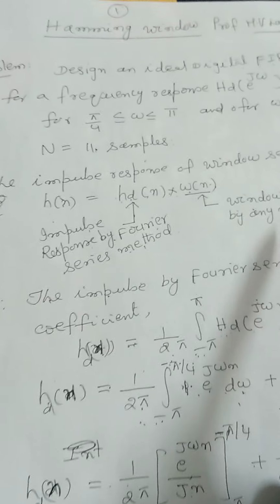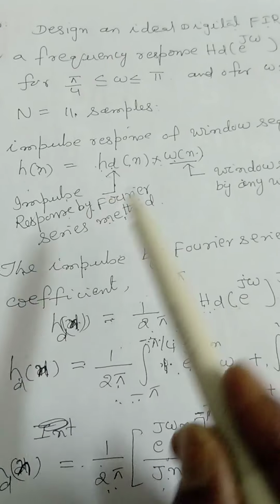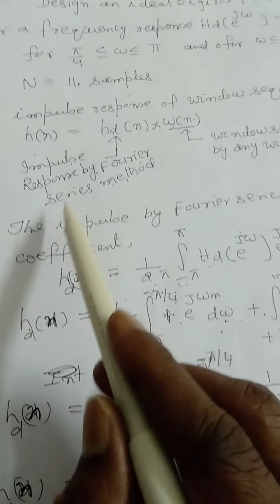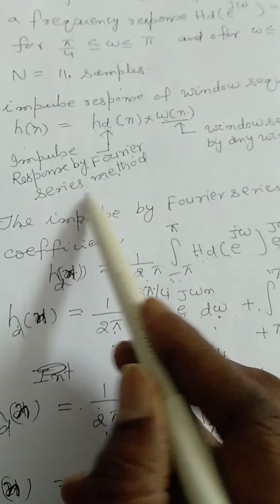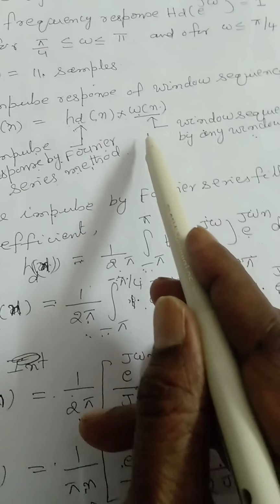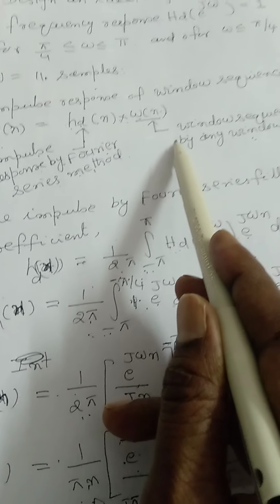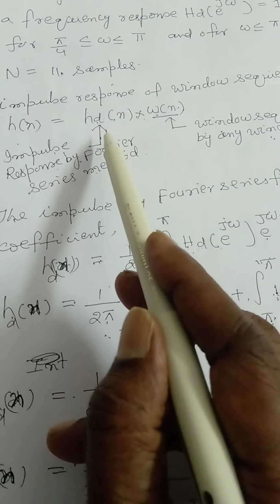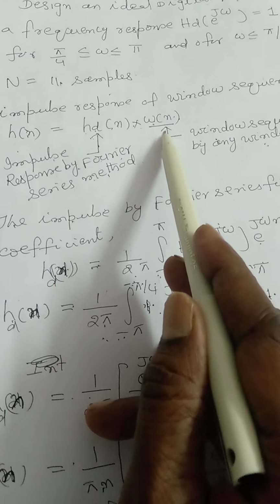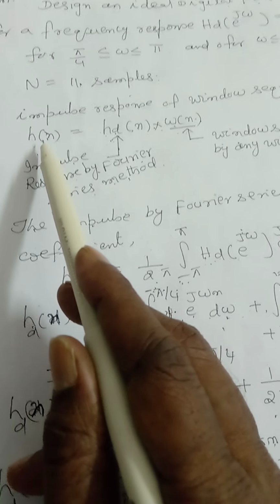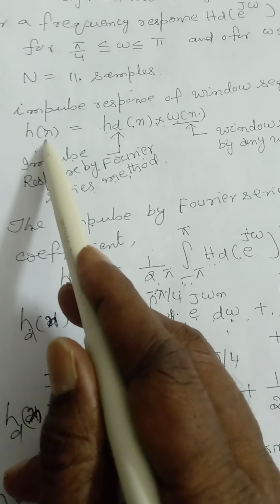So first we determine the impulse response by the Fourier series method, and then the window sequence. After finding these two, we multiply them to obtain the impulse response of the window sequence, that is h of n.